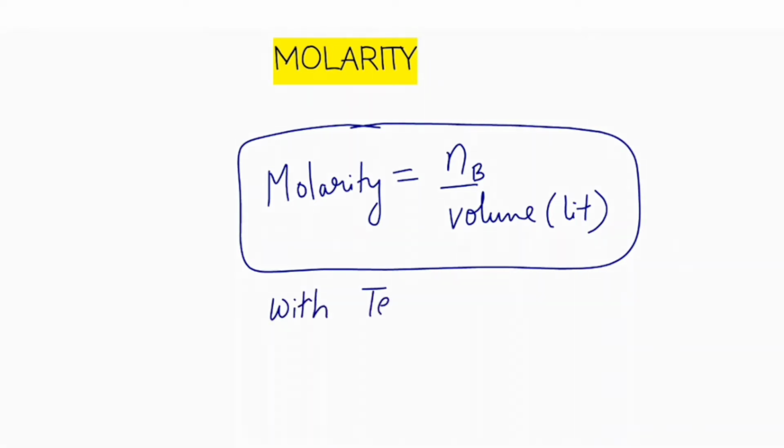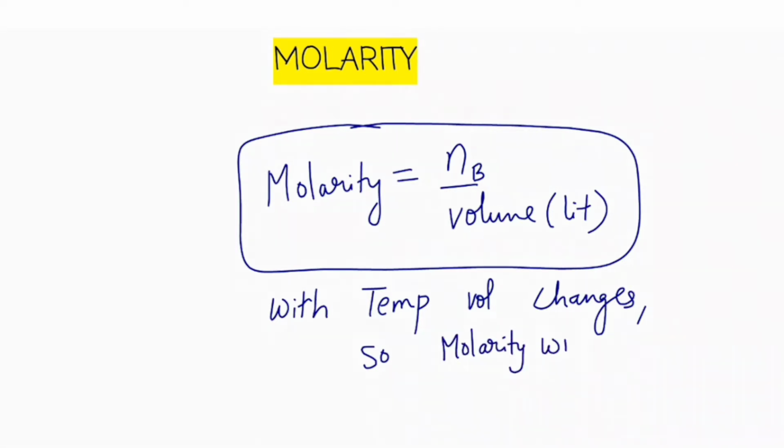Now we know that volume changes with temperature, so molarity will also change with temperature. It means we have an important concept: molarity depends on temperature because volume is involved in the formula.